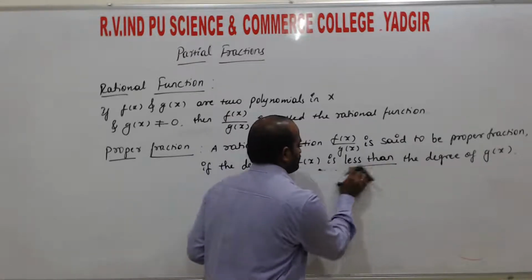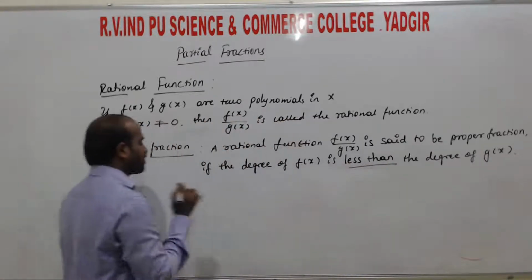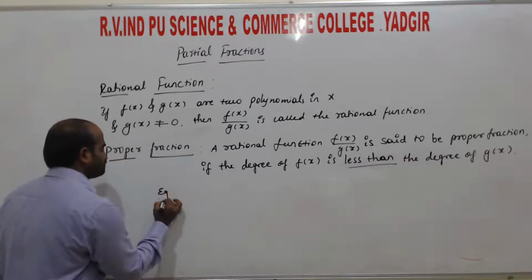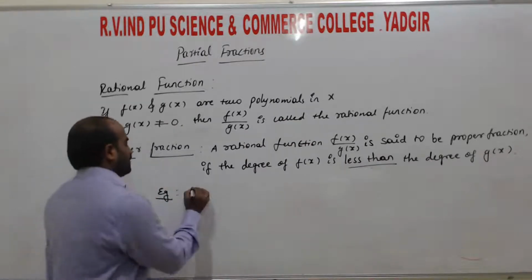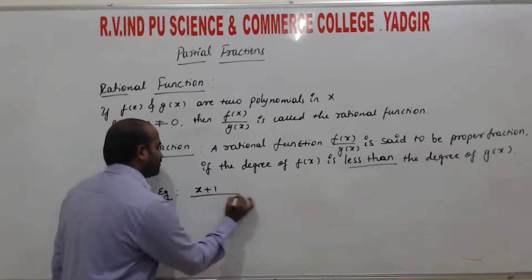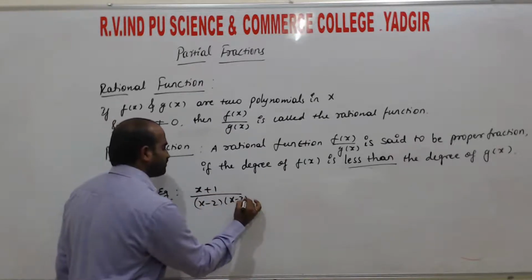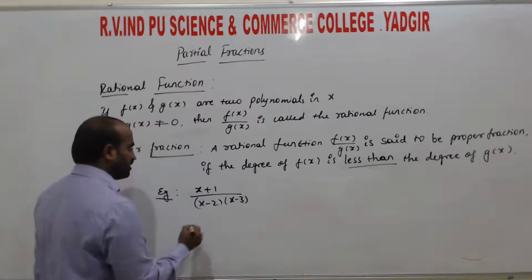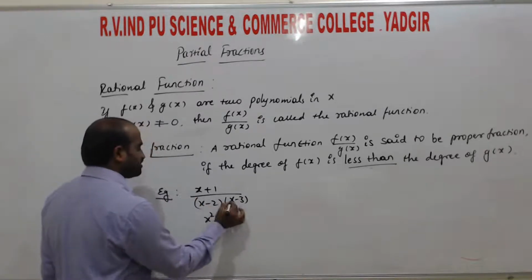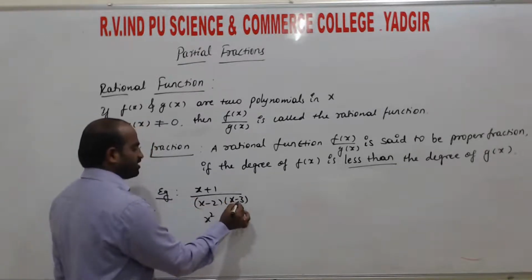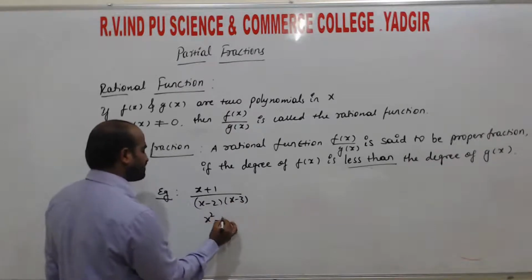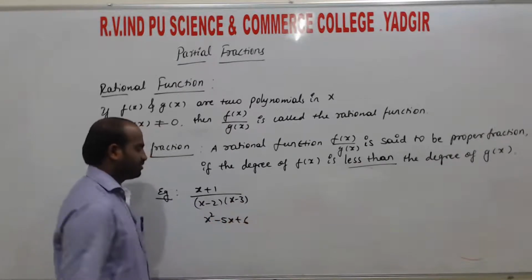For example, x plus 1 divided by x minus 2 into x minus 3. This means x square minus 5x plus 6.